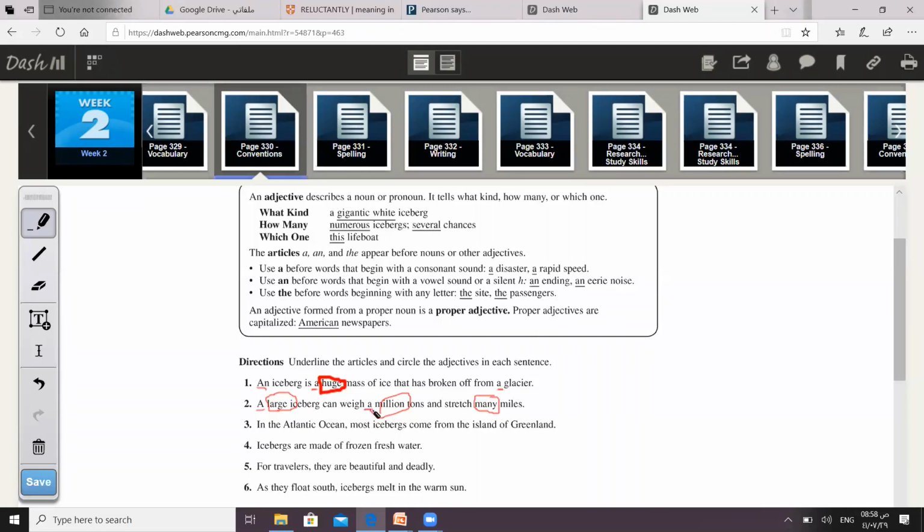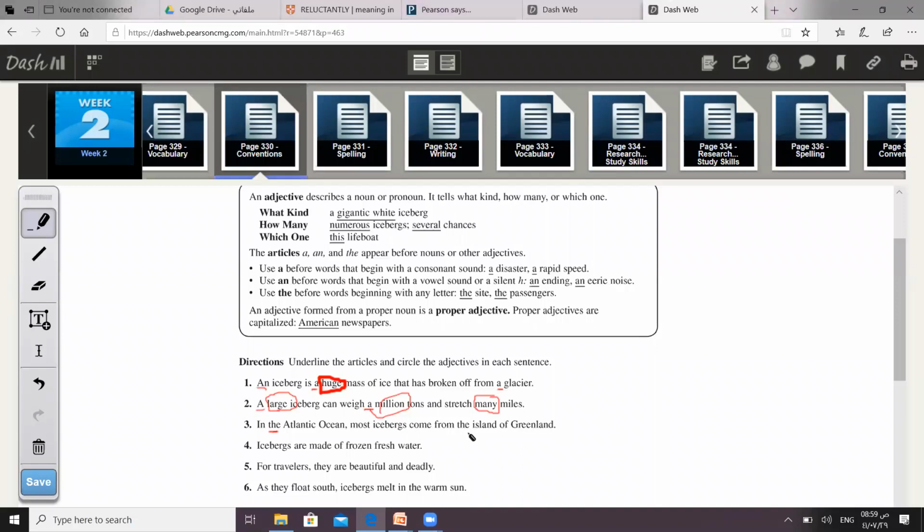In the Atlantic Ocean, most icebergs come from the island of Greenland. Where are the articles here? Atlantic. The article.